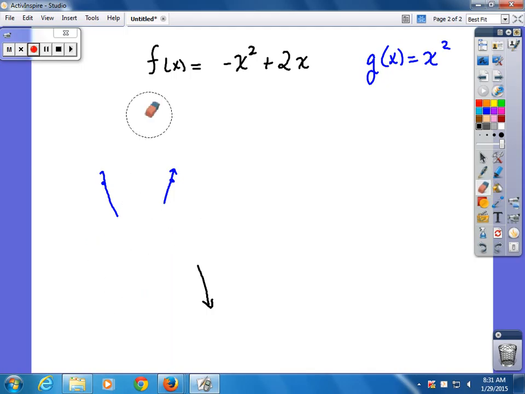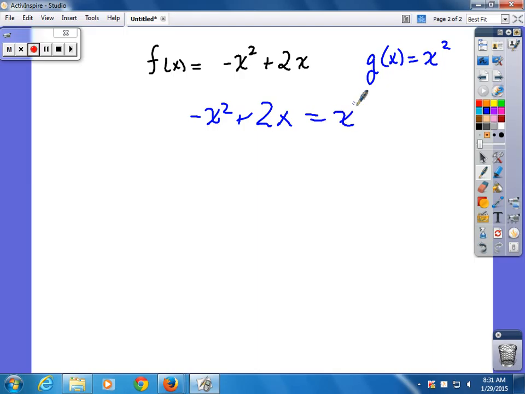So, where does it intersect? Well, set it equal to each other. Negative x squared plus 2x is equal to x squared. And bring that x squared over, what do you get? 2x squared is equal to 2x. And I'm just going to bring that 2x over here.